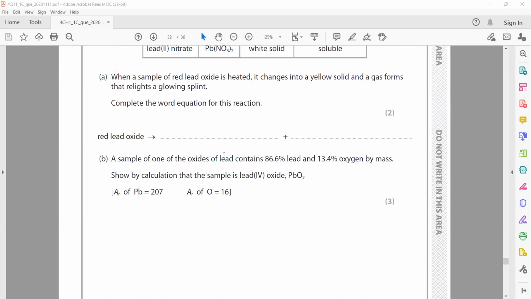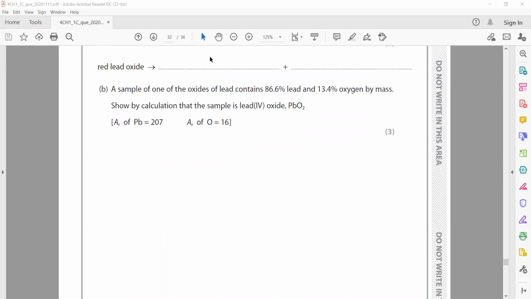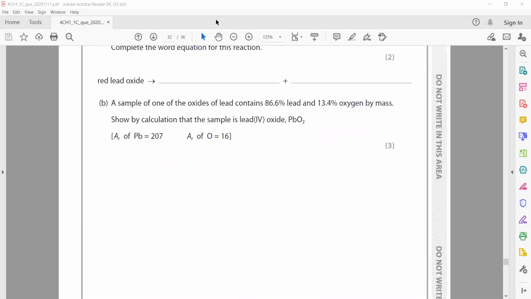Then a sample of one of the lead oxides contains 86.6% lead and 13.4% oxygen. By calculation show that lead 4 oxide is PbO2. So basically we need the simplest ratio for lead and oxygen: lead is 86.6 and oxygen is 13.4.